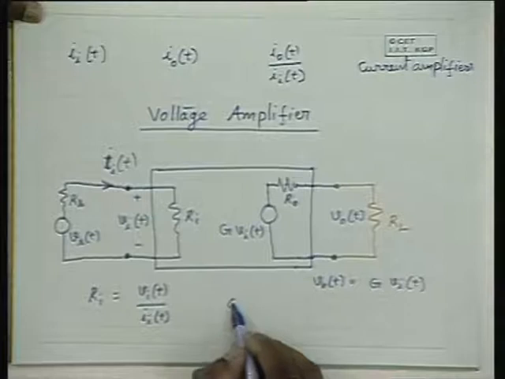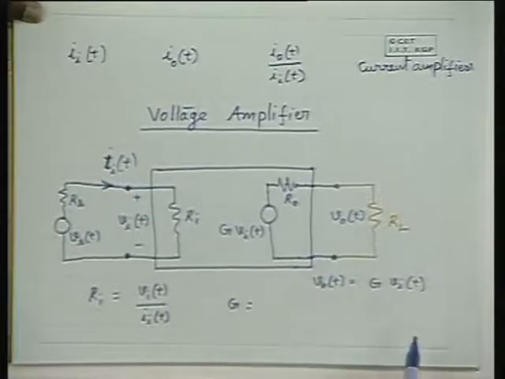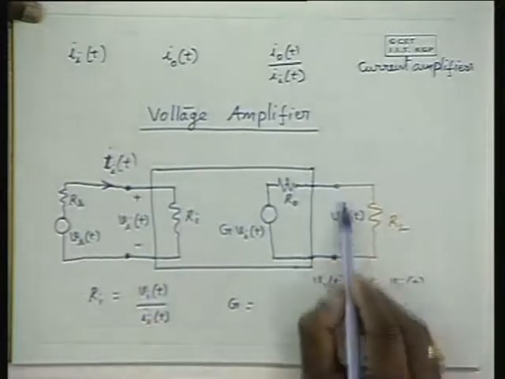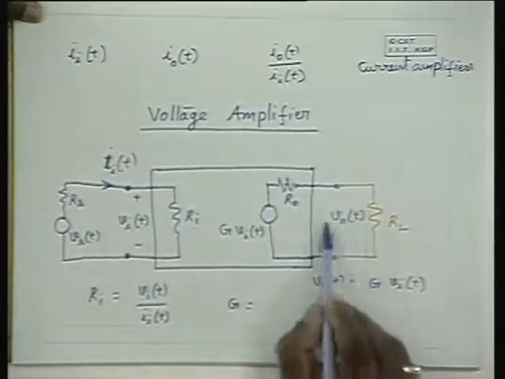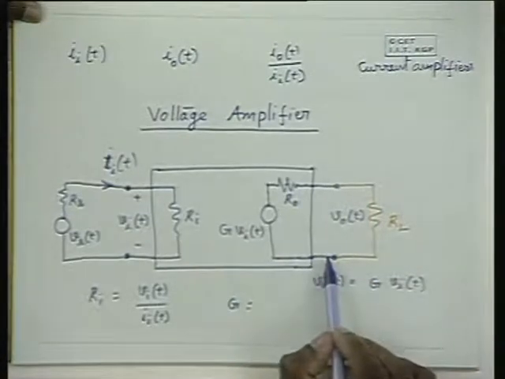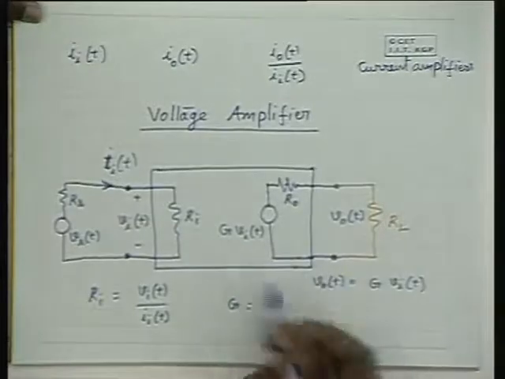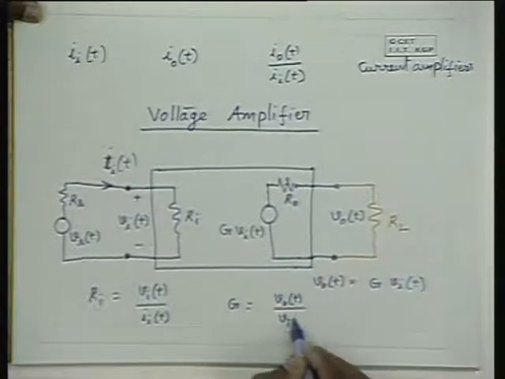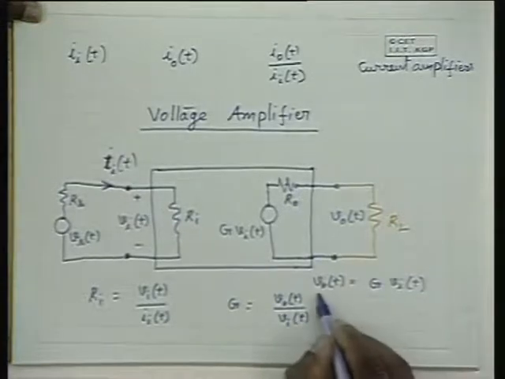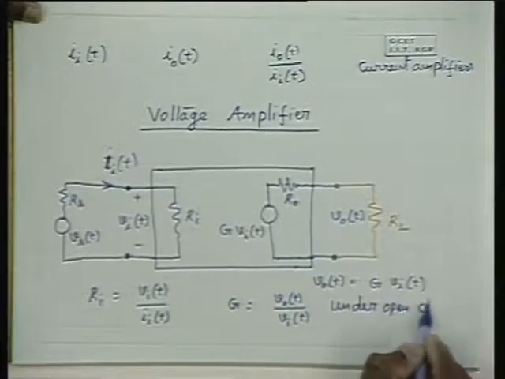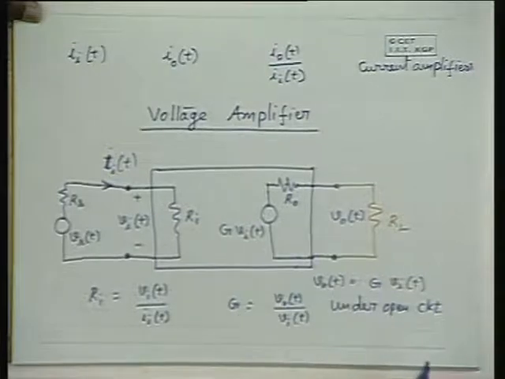How do you determine gain G if an amplifier is given to you? Apply an input signal VIT, open circuit the output and measure the output voltage. Under open circuit, the output voltage is going to be VOT. Therefore, the output voltage under open circuit divided by the input voltage gives you G.